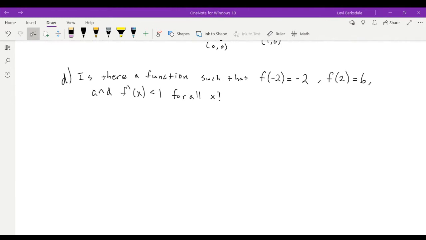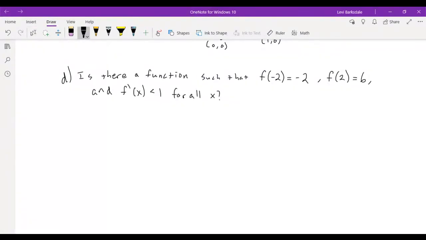So let's go ahead and talk about this one. We know that there's a function. Go ahead and graph it out. F of minus 2 is equal to negative 2. And also f of 2 is equal to plus 6, which is about up there.